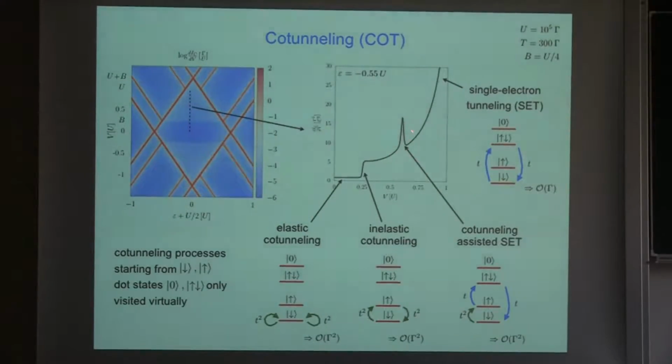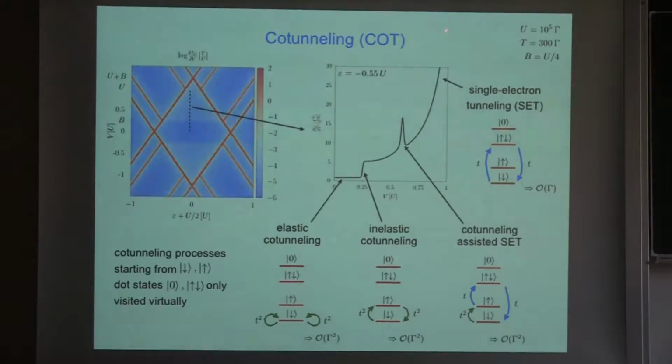But now the external bias can start to populate the upspin electron, and then the energy difference between the upspin and the doubly occupied state is smaller than from the ground state to the doubly occupied one. So you can already have single electron tunneling processes to the doubly occupied state and then back to the ground state. So this is also an order gamma squared process, but it's much faster because it involves these two single electron processes.